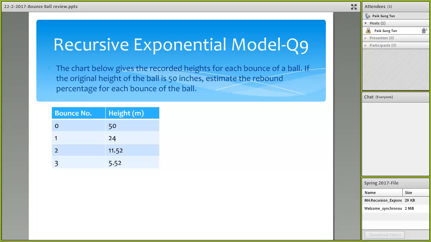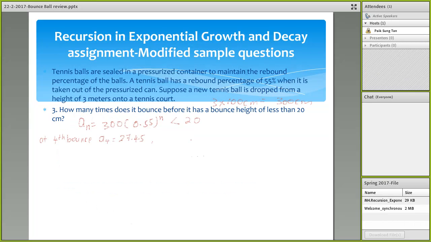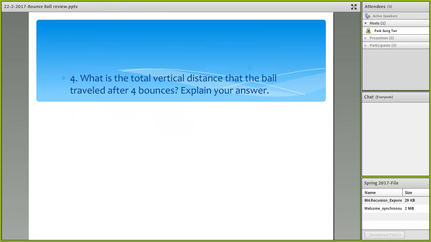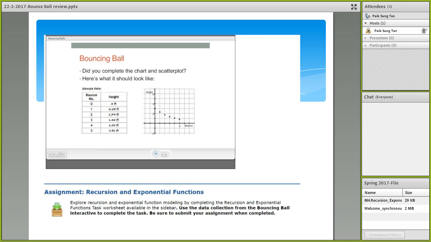So these are not the exact questions like your homework. However, they are similar. Remember, this is your homework. The first two questions of the homework are basically already completed for you, from the interaction above here.